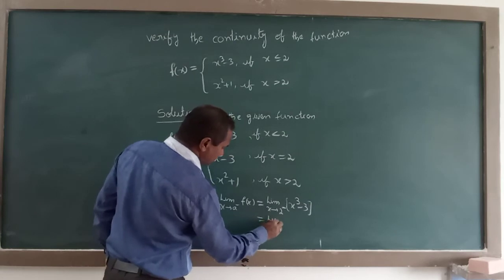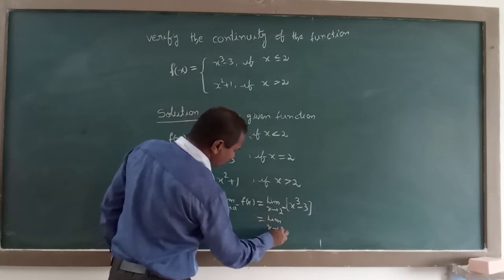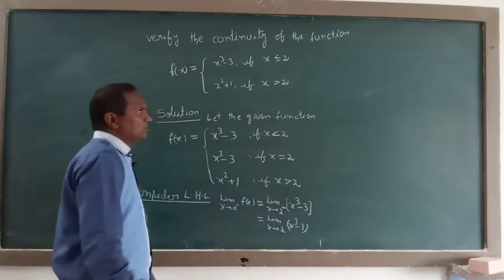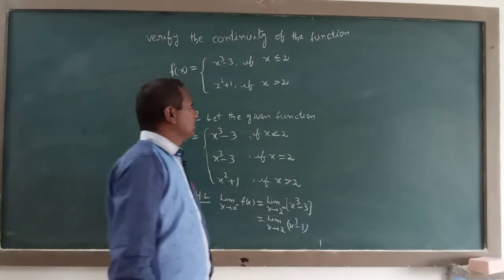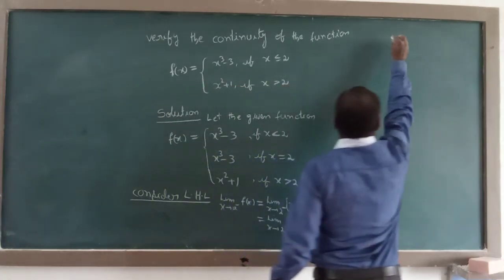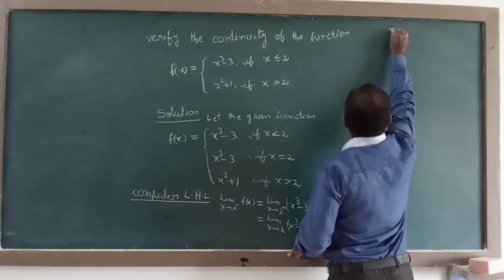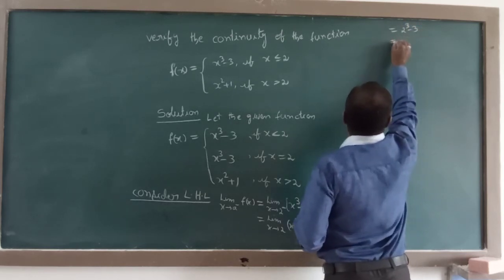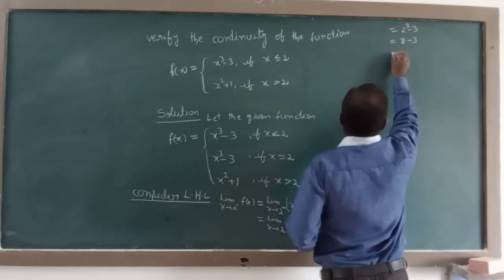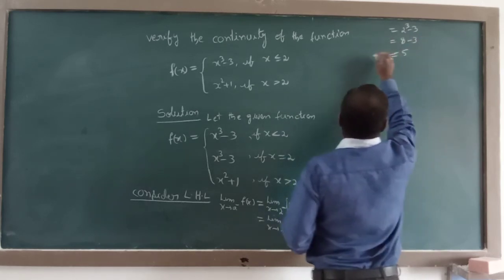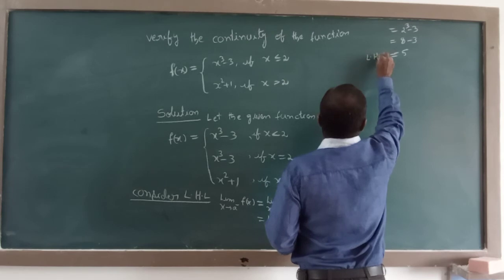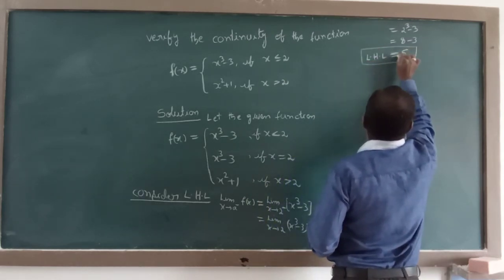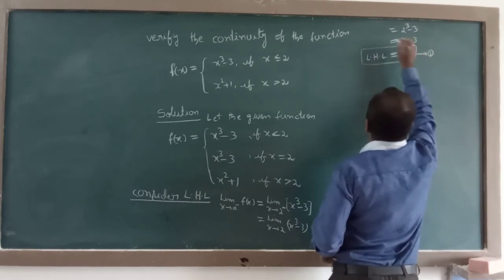That is limit as x tends to 2 of x cube minus 3. Removing the limit symbol, we write 2 cube minus 3. 2 cube means 8, minus 3 is equal to 5. It is the LHL value, which we represent as equation number 1.